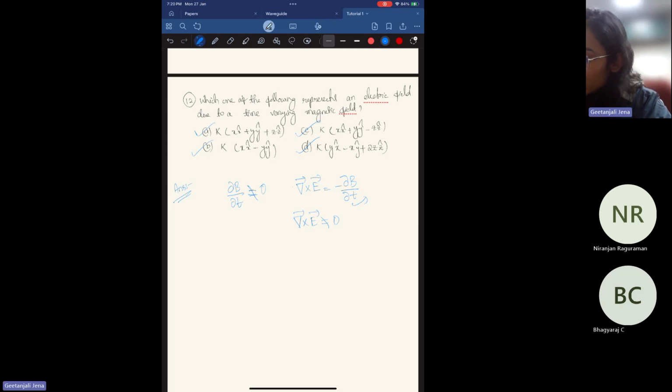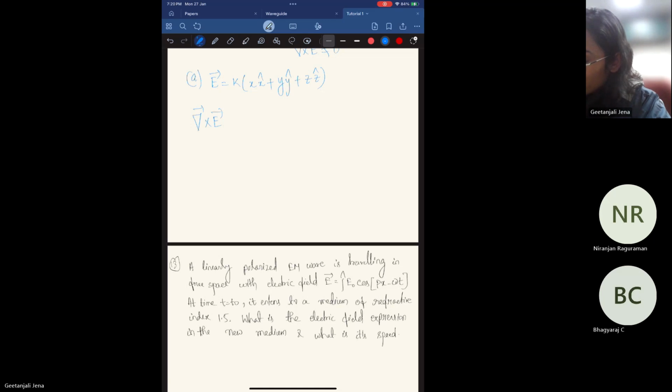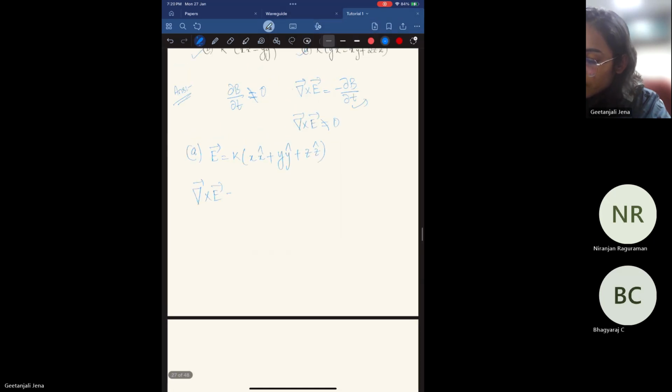So let us see case by case. For the first part, we have E. These are all written in Cartesian coordinates, so there will be no change in the expression for curl of E. The curl of E for this case is the determinant of x cap, y cap, z cap, dou by dou x, dou by dou y, dou by dou z.